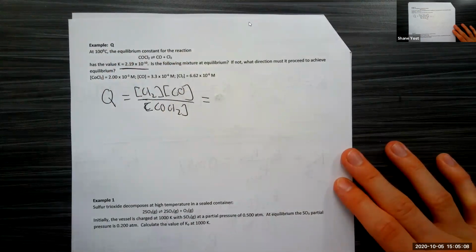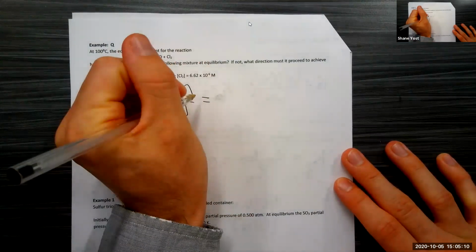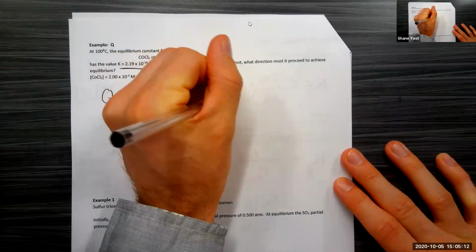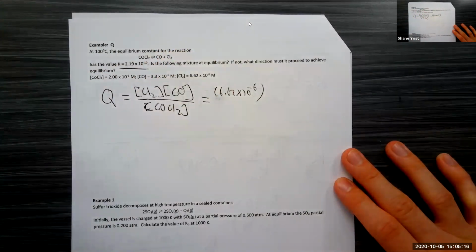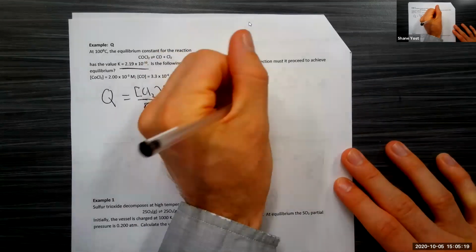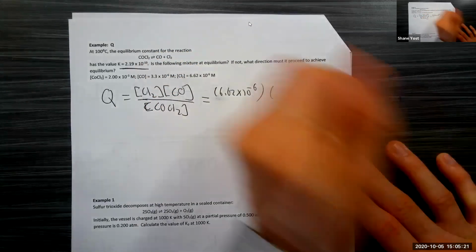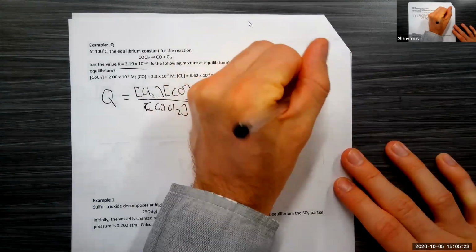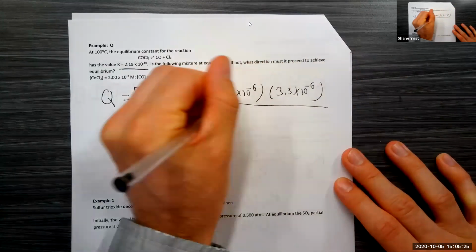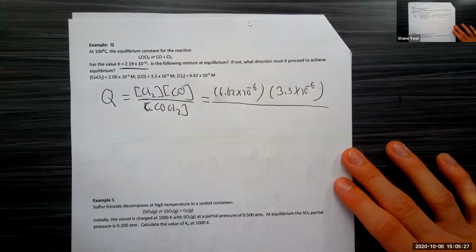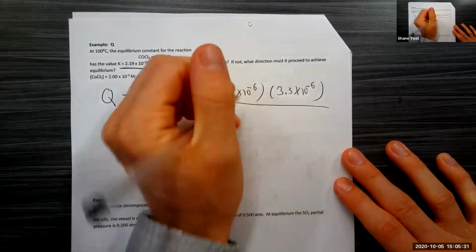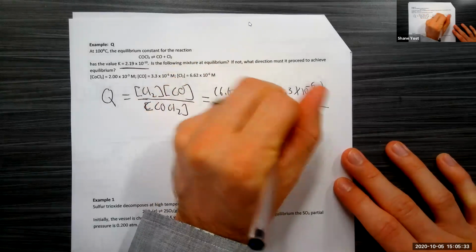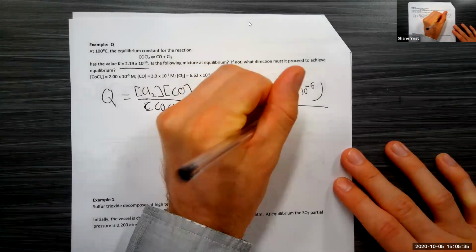So we plug in the concentration of Cl2 is 6.62 times 10 to the minus 6. Concentration of CO is 3.3 times 10 to the minus 6. And the concentration of COCl2 is 2.0 times 10 to the minus 3.